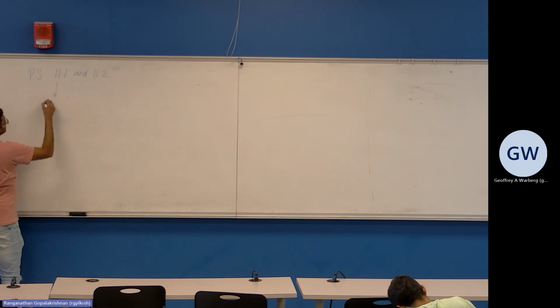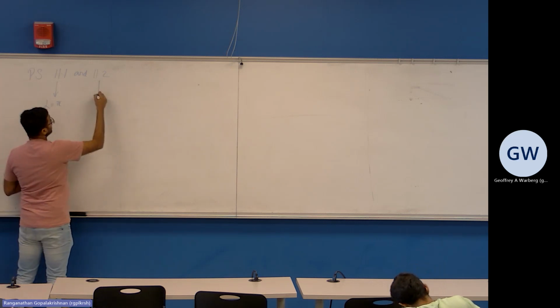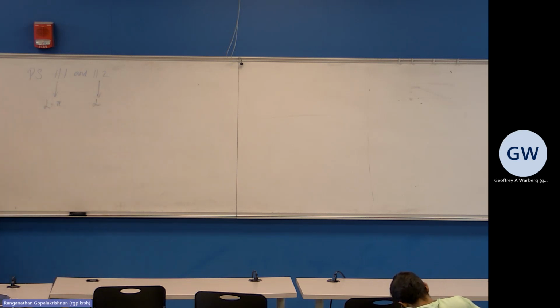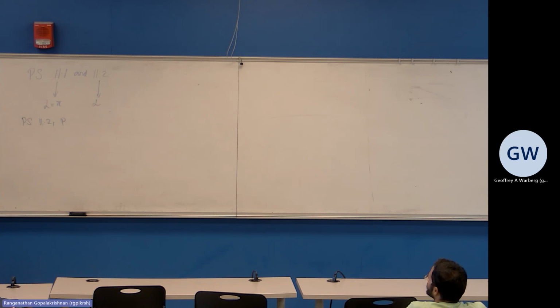The only difference is in 11.1, the interval is -pi to pi or 0 to 2 pi. And in here, the interval is arbitrary. So let's try this. Unless there is a suggestion or something you want me to try, I'm going to suggest problem set 11.2. Problem 8.